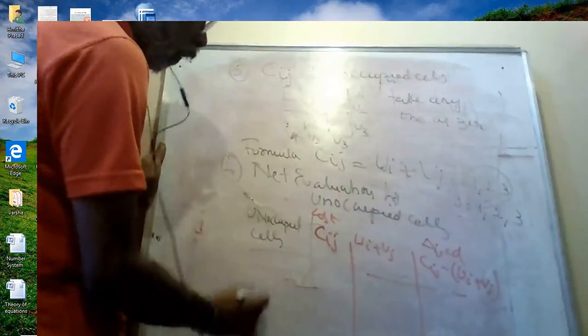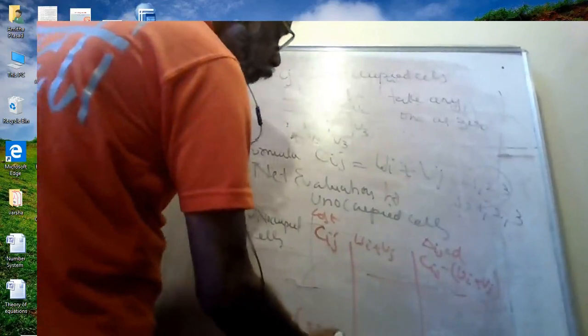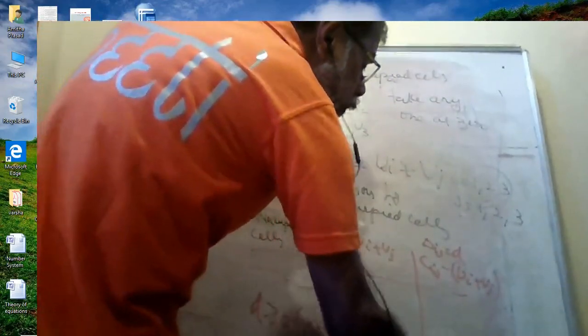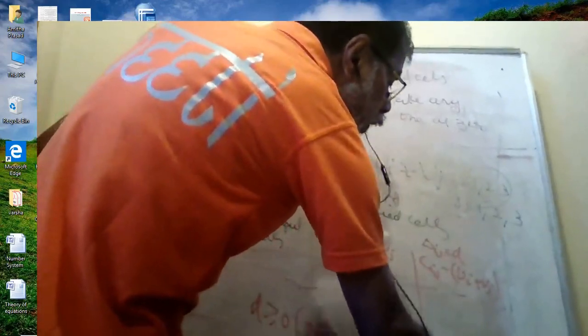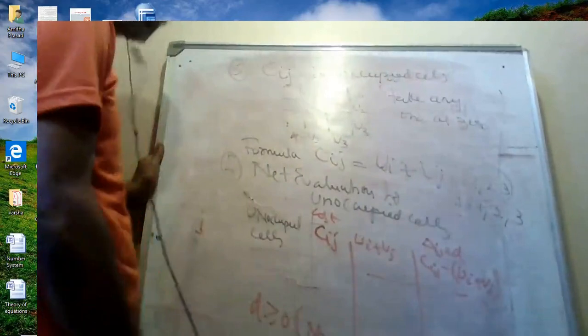So if D is greater than or equal to 0, no negative values, solution is optimal. So if D is less than 0, we should proceed.